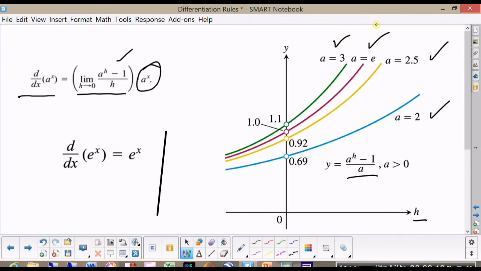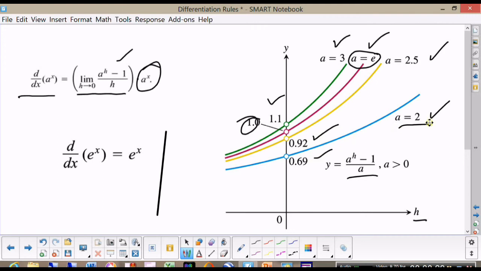As you can see, if a is equal to e, the limit is 1. And of course the limit happens to be other values for various values of a.